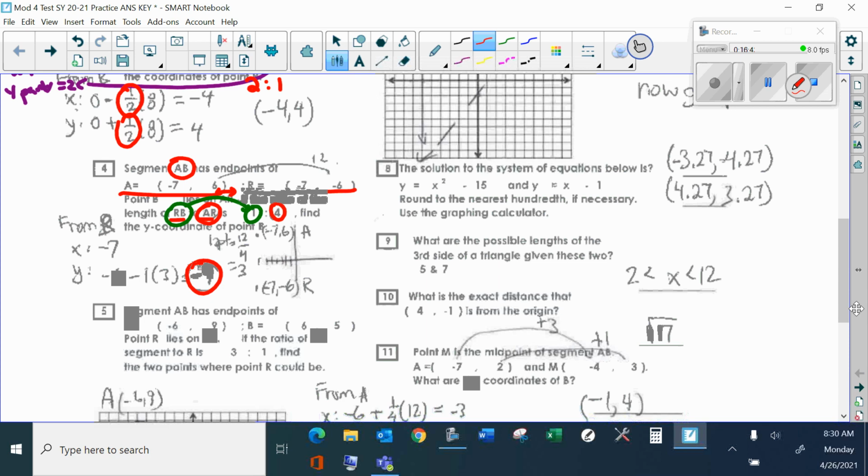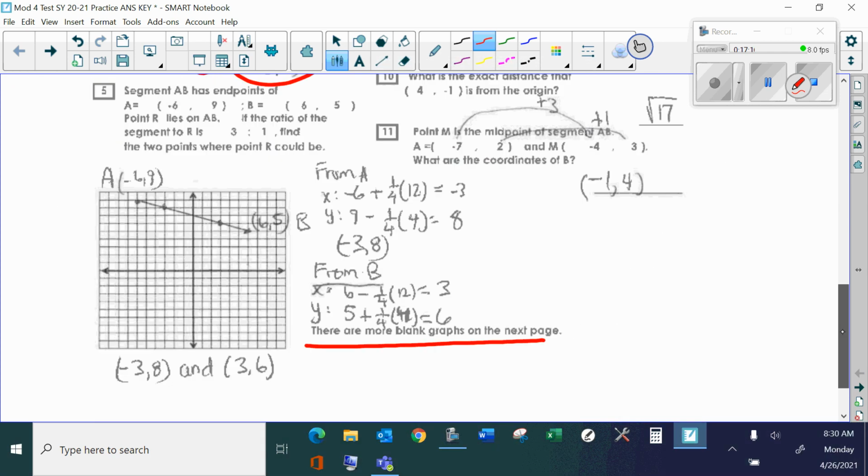What I have shown here is, starting from R, -7, -6, we know B is 1 part. I'm going down 1 part, and each part was 3, because 12 divided by 4 was 3. That gives you the -9. I scrunched it in here on the front side, but I showed it more clearly on the back one. All right, number 5.